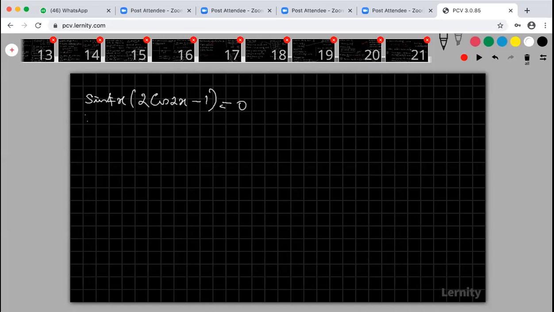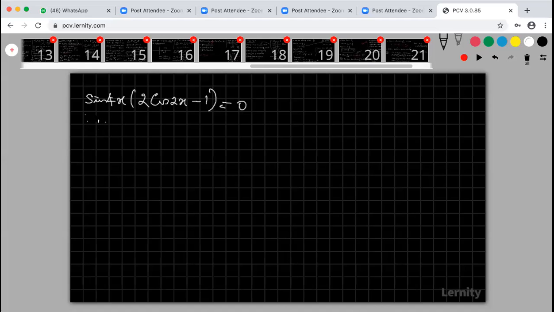So solve this, sin 4x into (2 cos 2x minus 1). What is the answer you are getting? One second, please.